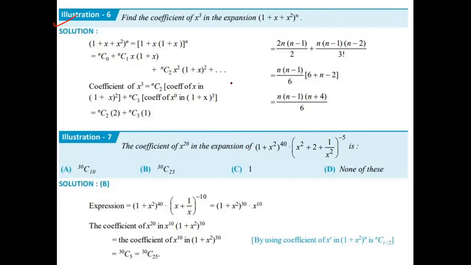You can practice it later. Any doubts, ask me after this one, not now. I'm proceeding. These are the solutions.